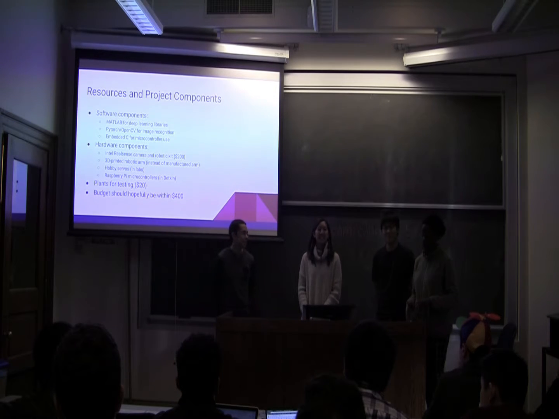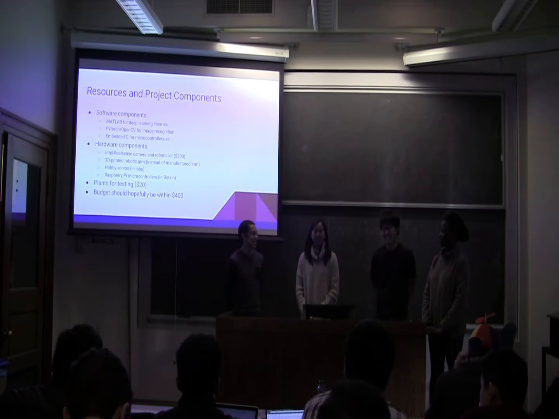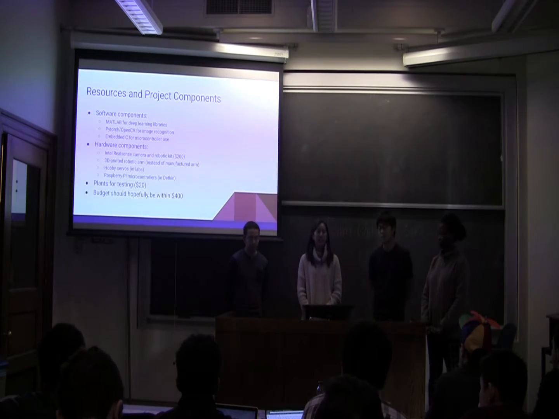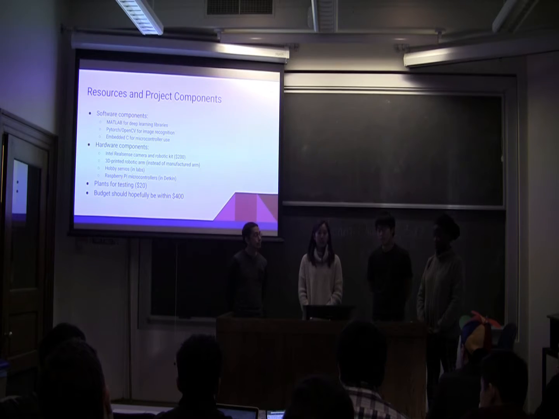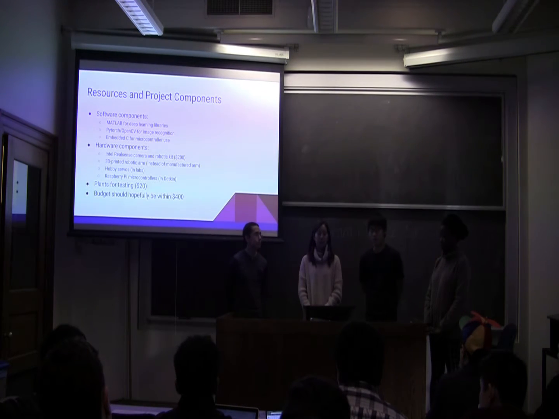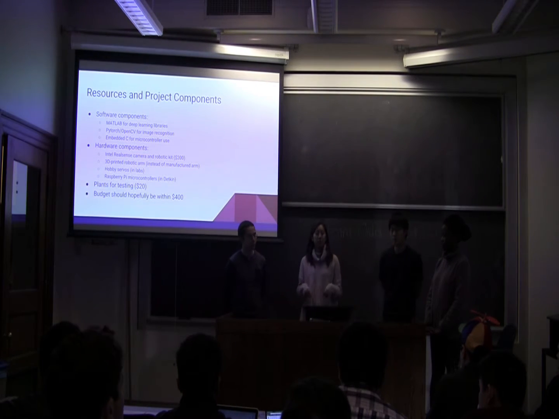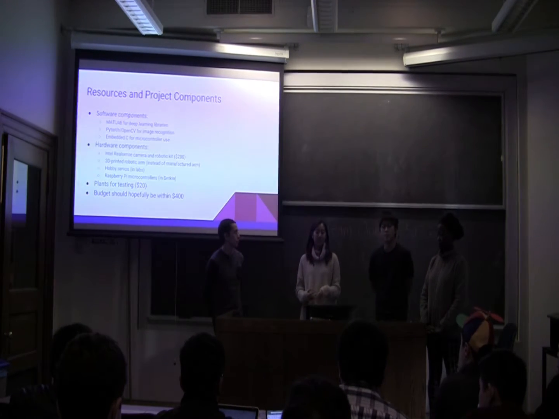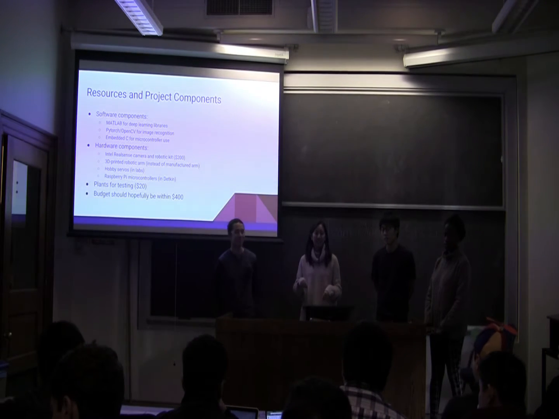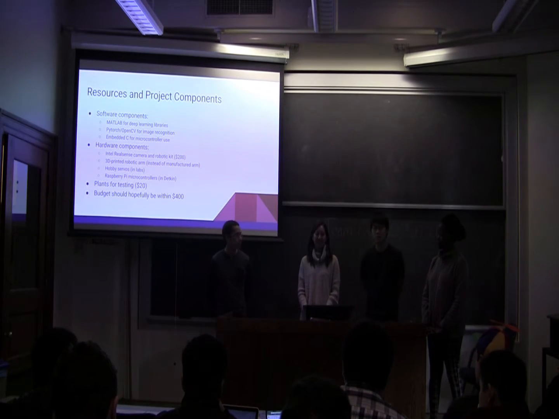So we went online and found pre-existing designs that other hobbyists have created, and we found some SolidWorks files that we can hopefully recreate ourselves and create a first prototype of our product. And then we're also going to need servos to control the movement of the arm, and microcontrollers, and we're going to purchase some plants for testing our project on, and then hopefully the budget will fall within the $400.